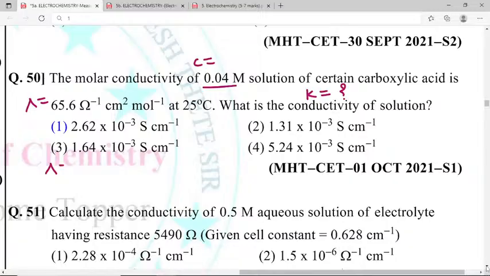Molar conductivity is equal to 1000 K divided by C. Therefore K is equal to lambda into C divided by 1000. Substitute the values and we get the answer 2.62 into 10 to the power minus 3.